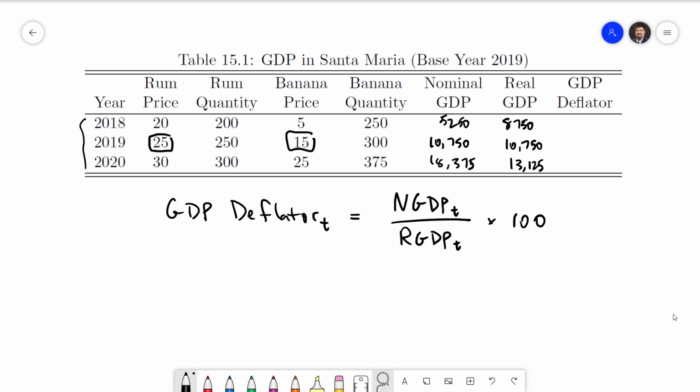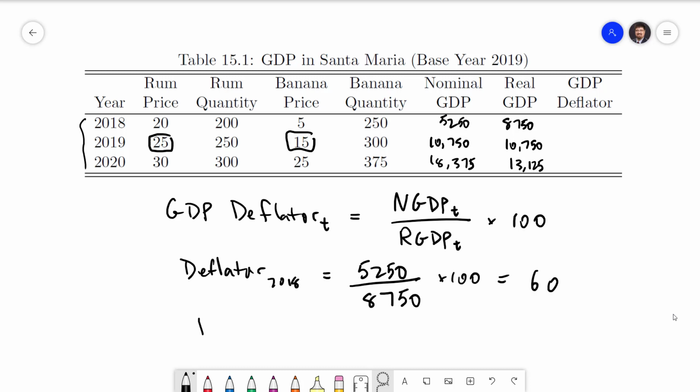For our example, the GDP deflator in 2018 is going to be nominal GDP of 5,250 divided by the real GDP of 8,750 times 100. If we multiply this whole thing out, we get 60.